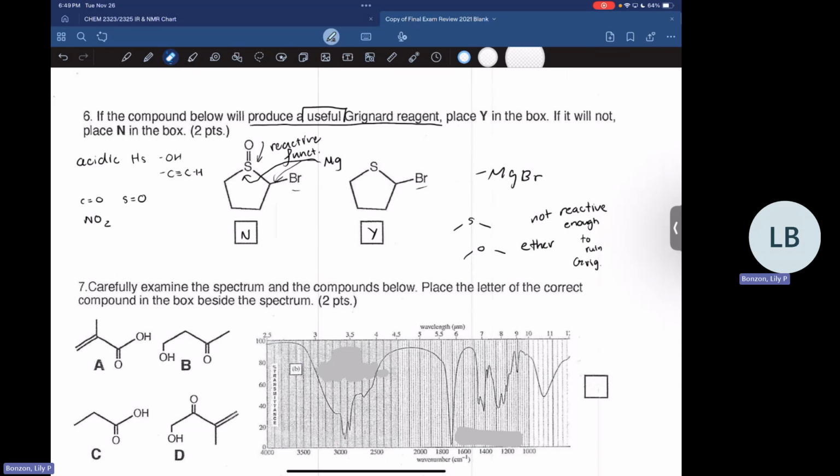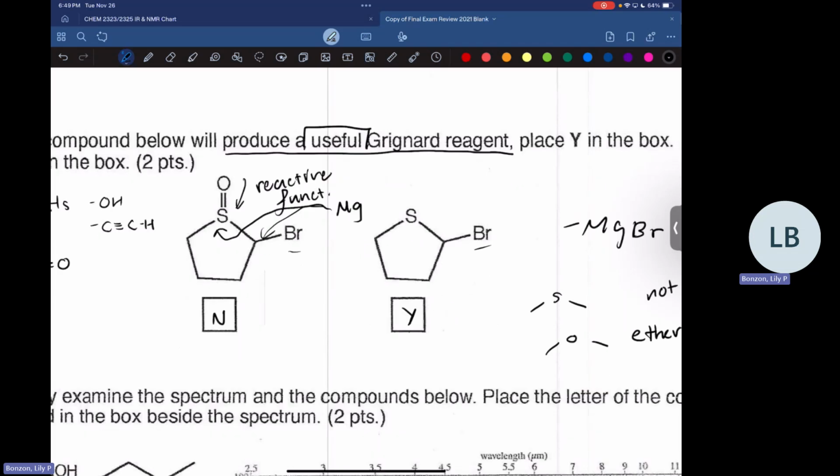Yes. So if you had a question that was just asking, will this react with a Grignard reagent? It's a very subtle difference, but usually for those questions, if you just want to react with it and not produce a useful Grignard reagent, you might see almost the same thing, except usually there's not going to be a halide, because a halide is usually what we want to do to produce the useful Grignard reagent.